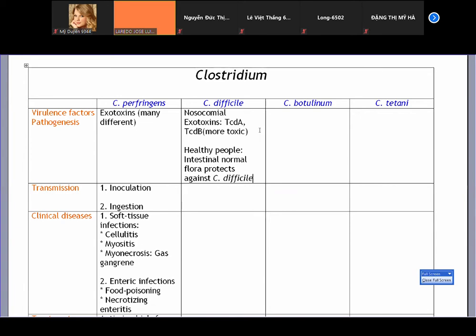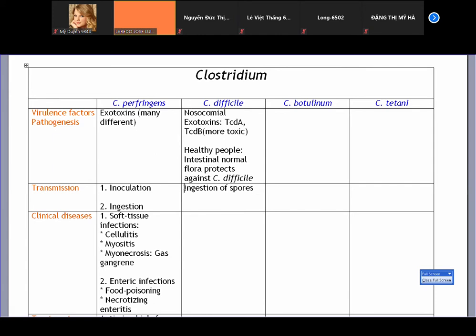However, if people take antimicrobials for another reason, the normal flora in the intestine disappears and Clostridium difficile may appear and cause disease. So the transmission of Clostridium difficile is through ingestion of spores.